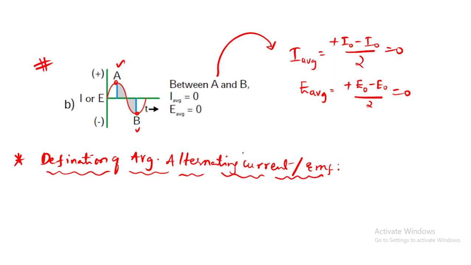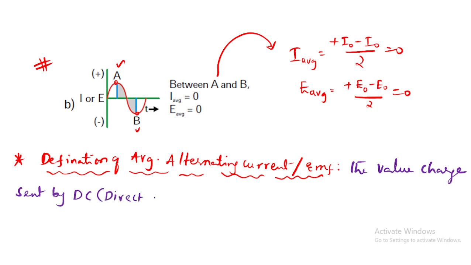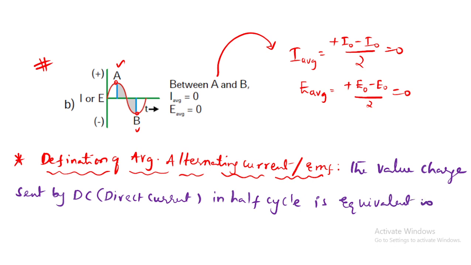So write down: the value of charge sent by DC, that is direct current, is equivalent to the amount of charge sent by AC in a half cycle.